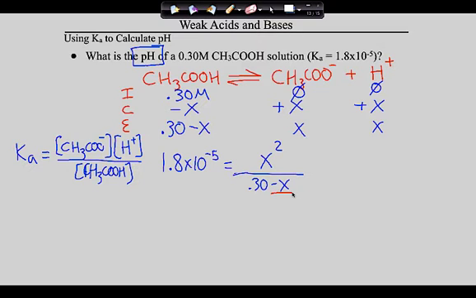Now, guys, ask yourself this question. How much of that acetic acid is going to fall apart? A lot or a little? What makes you believe that you're right? What is it that makes you believe it's going to be just a little? The Ka value. Now, guys, put this in context. And that's why we did formic acid first. What was the Ka value of formic acid? 1.8 times 10 to the negative fourth.